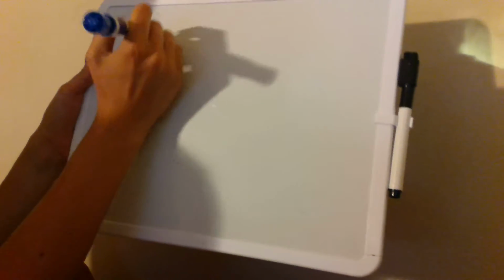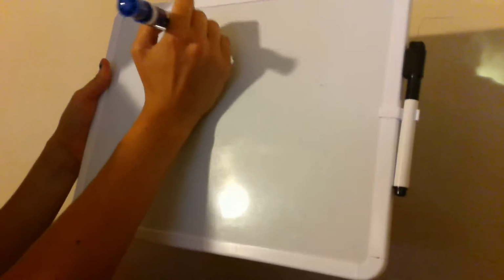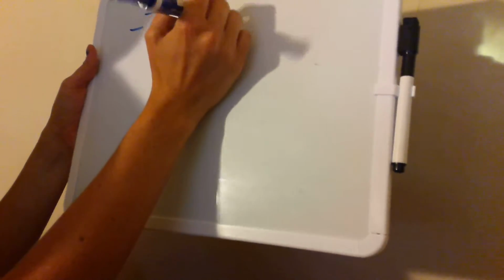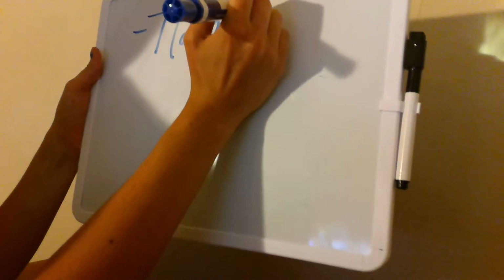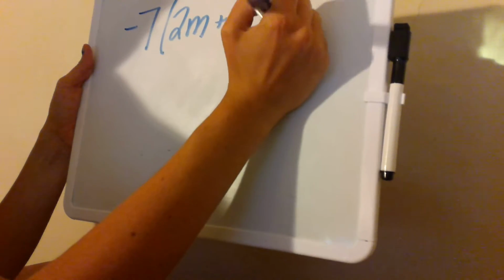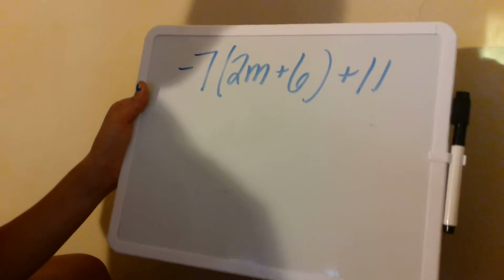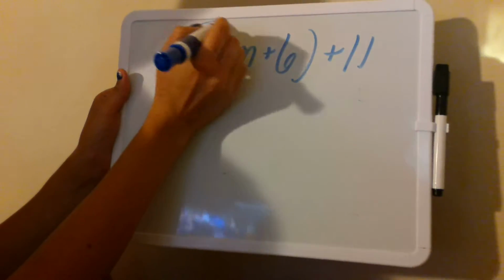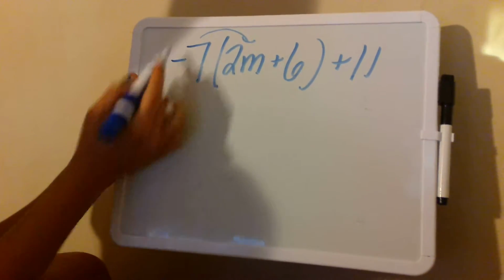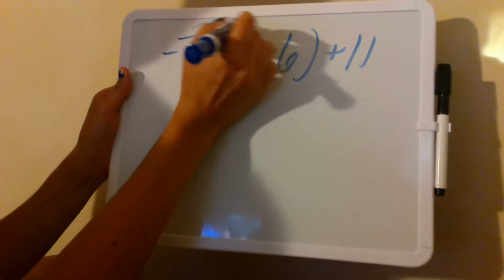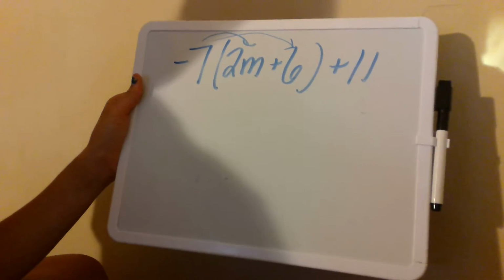So I'm going to show you a couple more problems just so that you get used to the distributive property. Okay, so the negative 7 is outside of our parentheses, so we're going to draw our arrows to say that we have to multiply the negative 7 by the 2m and the negative 7 by the 6.